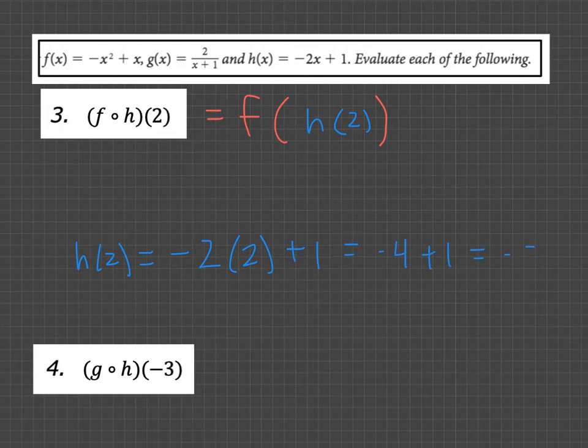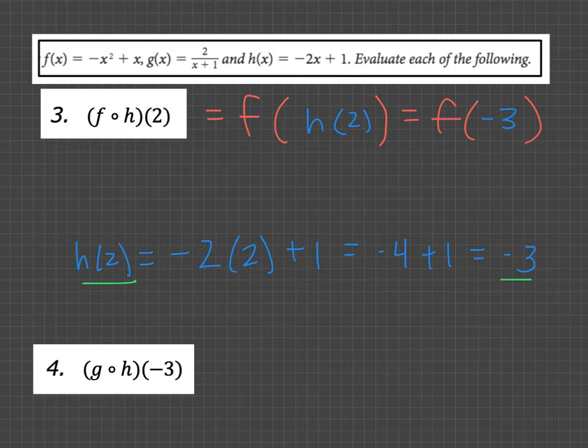That gives us a negative 3. Okay, so h of 2 is equal to negative 3. So for f of h of 2, what we want is f of, and now we put that negative 3. Because h of 2 is equal to negative 3, we're going to take f of negative 3.